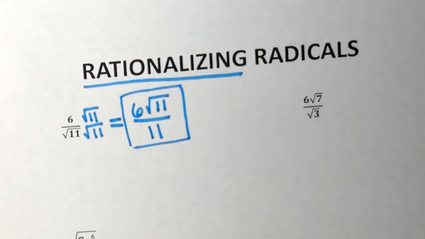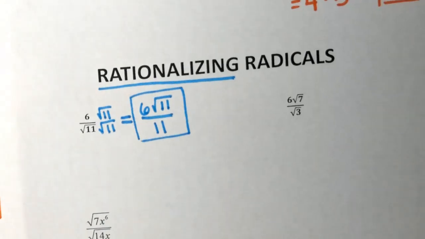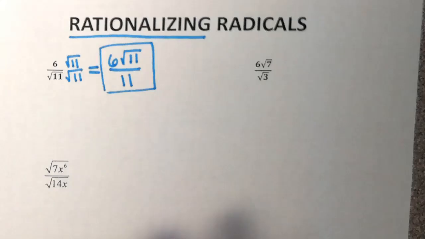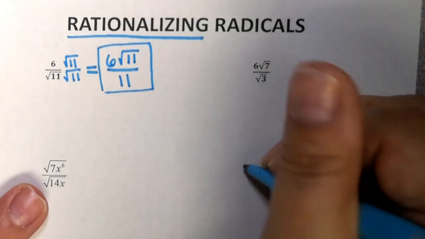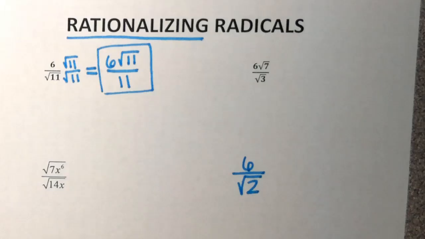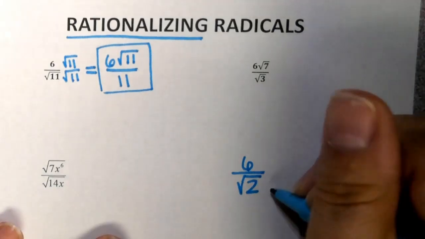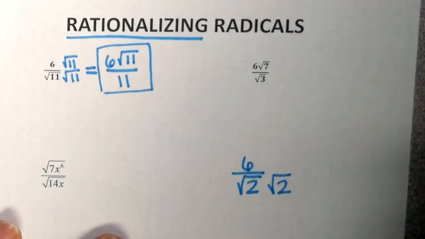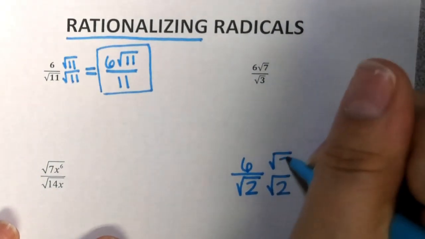You want to do it again? Okay. I'm actually going to make, because I wish there was another one before we get to the coefficients, I'm going to make one like right here, a fourth one. 6 over square root of 2. Again, I have a radical in the denominator. What do I have to do? I'm going to rationalize by multiplying it by itself and the numerator.